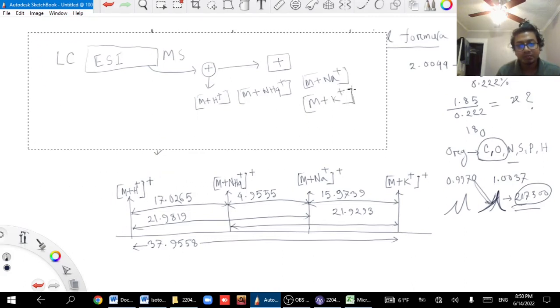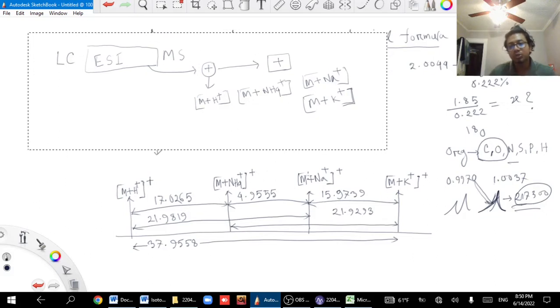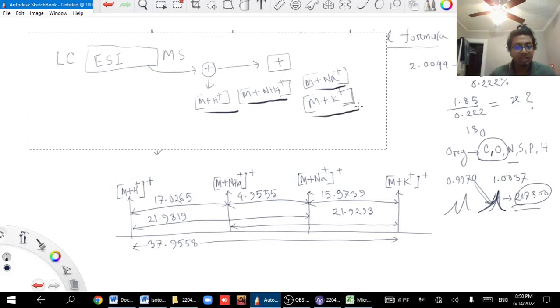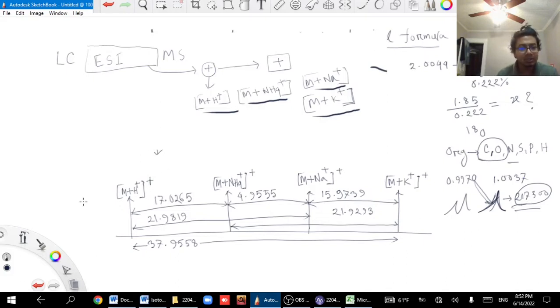To find the exact chemical formula of 342.1389, you need to find whose peak it is: M plus H, M plus NH4, M plus Na, or M plus K. So you need to find that out. To do that, I think you can see the table here. This makes it easier to find the difference between M plus H, M plus NH4, M plus Na, or M plus K peak. So I've already calculated that: 342.1380, this is that peak.